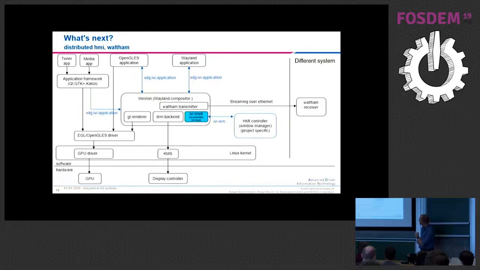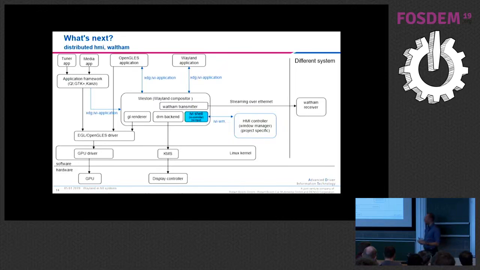The complete picture will look like this. We will get an additional Waltham transmitter. This transmitter will implement one additional output object in Weston. And if you are outside of the compositor, on the application side or in a framework, you will just see an additional output.